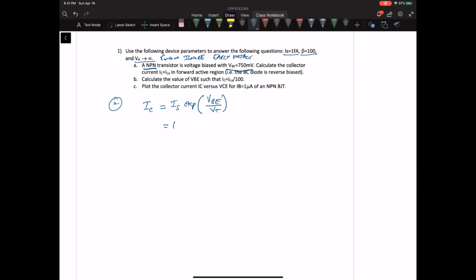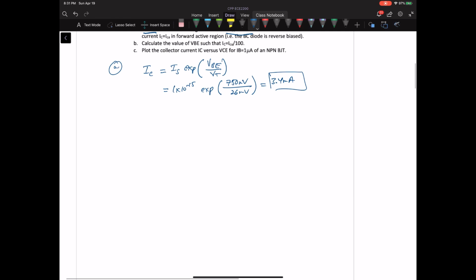I sub S is 1 times 10 to the minus 15, exponential of 750 millivolts over 26 millivolts, and that gives us 3.4 milliamps. Okay, so that's the answer to A.